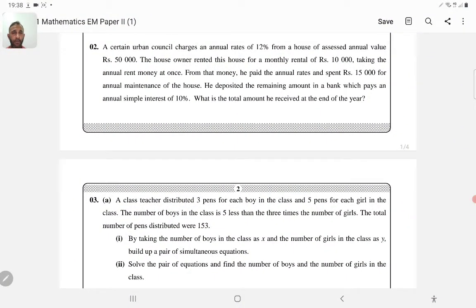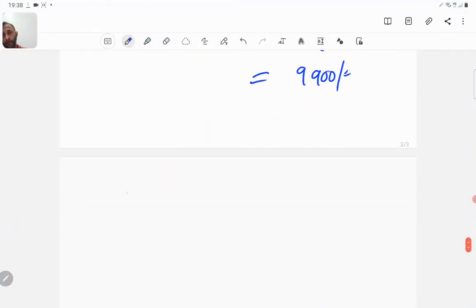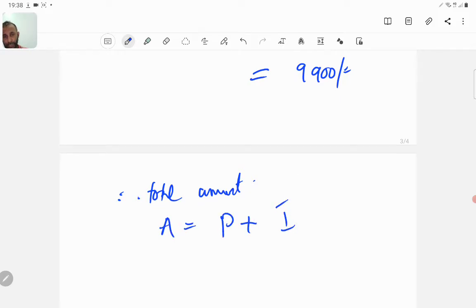Now, what do they want? What is the total amount he received at the end of the year? The amount is equal to principal plus interest.